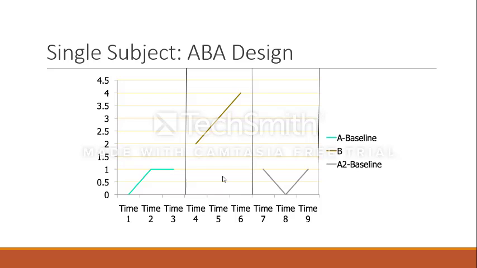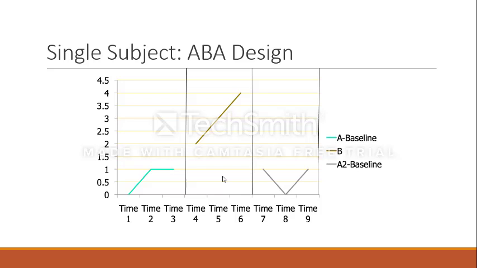So this right here, this is the kind of thing that you might see in, say, an intervention that involves money. Let's say that I want my daughter to do the dishes, and she's not really doing them. Then I give her an allowance, and she gets money for doing them. And then I take the allowance away, and then she goes back to not doing them. That is what this kind of intervention would look like.